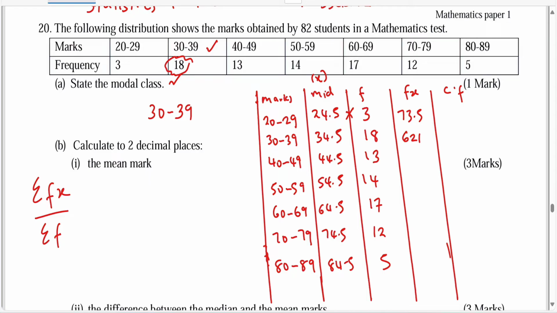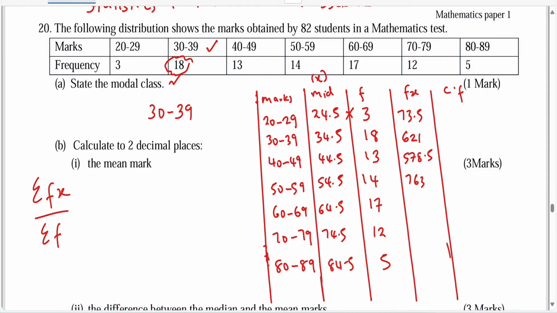So 44.5 times 13 ni 578.5, 54.5 times 14 itakupa 763.